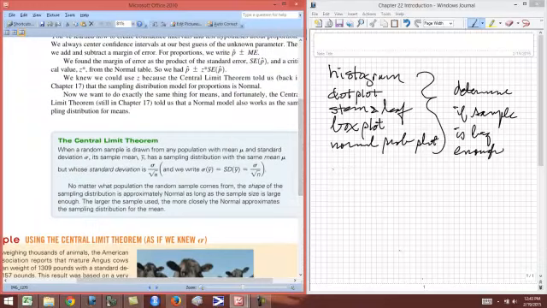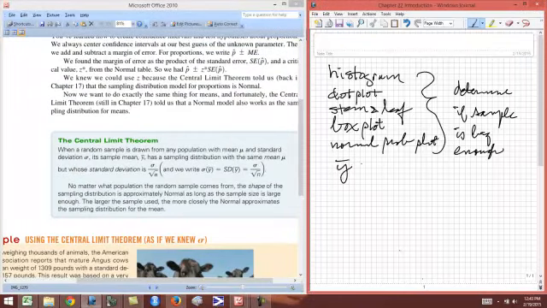Now, the sample mean, let's go on to the next page. The sample mean, y bar, is the sample statistic. So we're talking about y bar instead of p hat. You get your sample and you take the average from it.